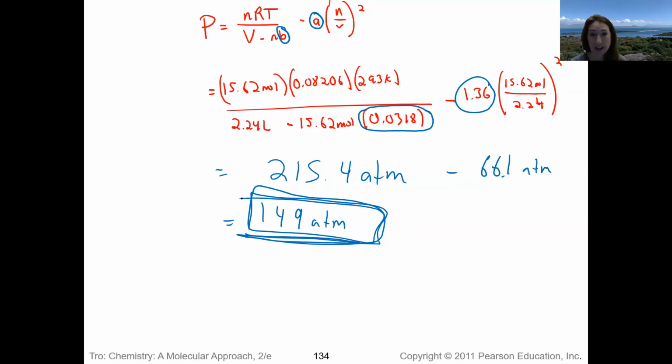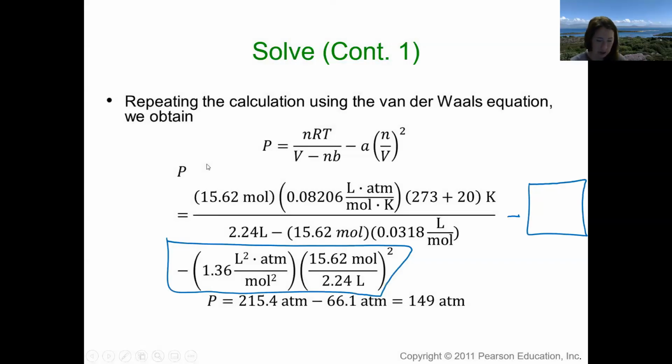And so we would expect that it would indeed be less. Okay, so let me go back to the one where I solve it all nicely. And again, this box here is this right here. I just couldn't get it all in one.